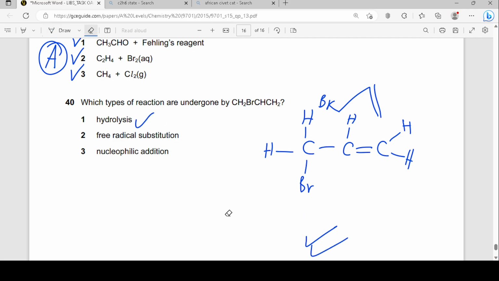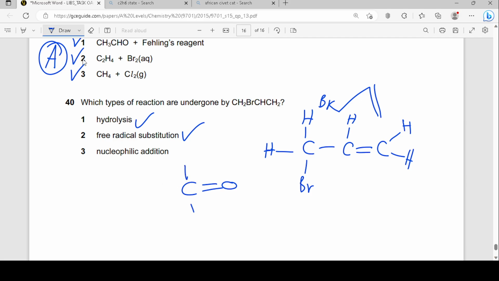And then free radical substitution, yes, because as I mentioned, it's a halogenoalkane, so it can undergo free radical substitution. This could be replaced by chlorine, for example. Now, can it undergo nucleophilic addition? Nucleophilic addition is characteristic of carbonyl compounds, ketones or aldehydes.